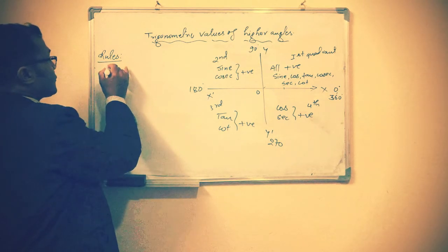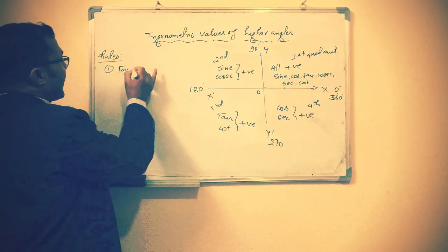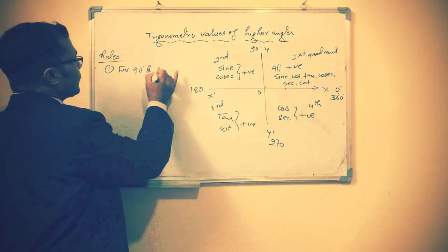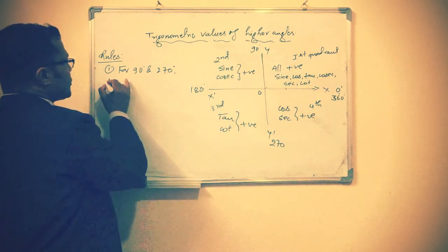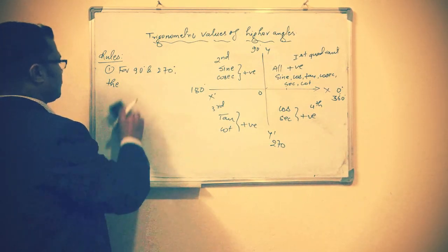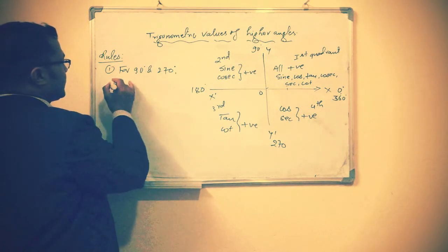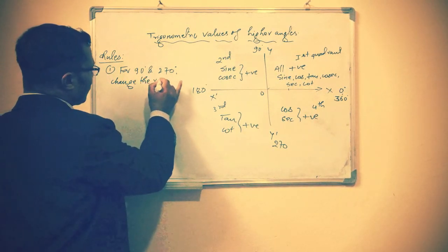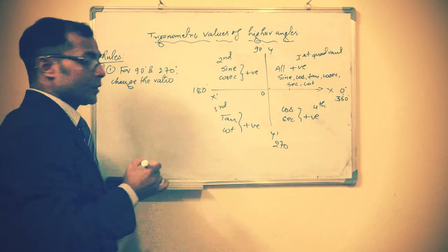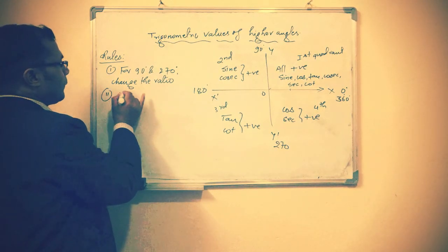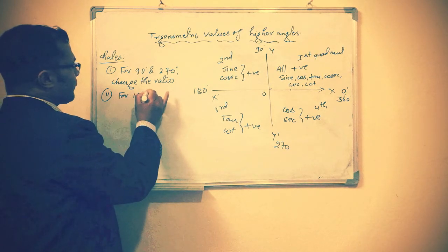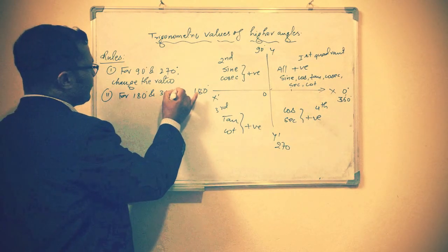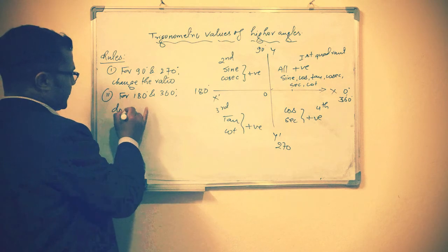First, for 90s and 270s, change the ratio. Rule number 2, for 180 degrees and 360 degrees, don't change the ratio.